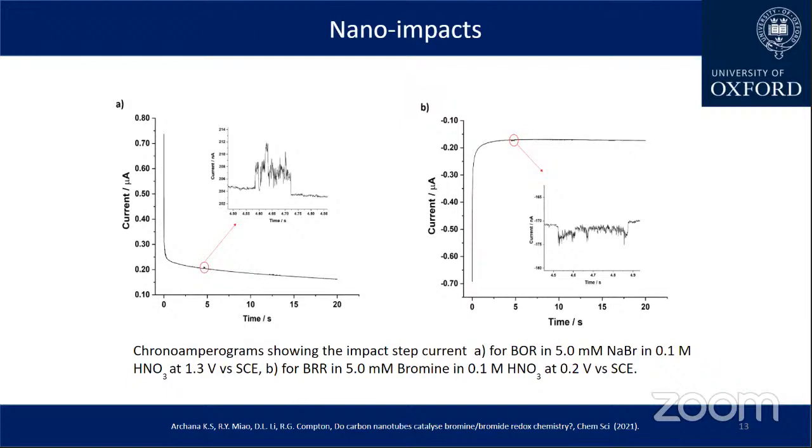So there is a huge range of electrocatalysts. Any electrocatalyst that falls into the category of nanoparticles can be studied using this technique if they are stable in the electrolyte. Okay, ma'am, thank you.